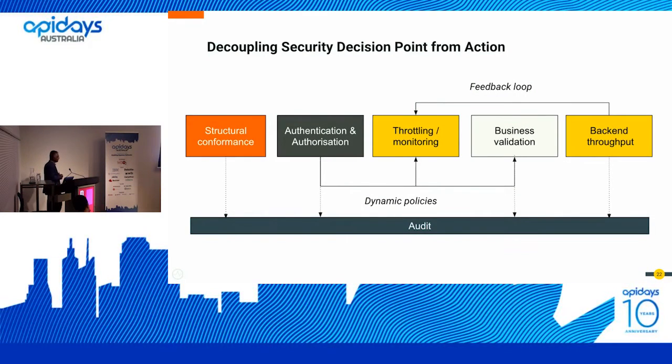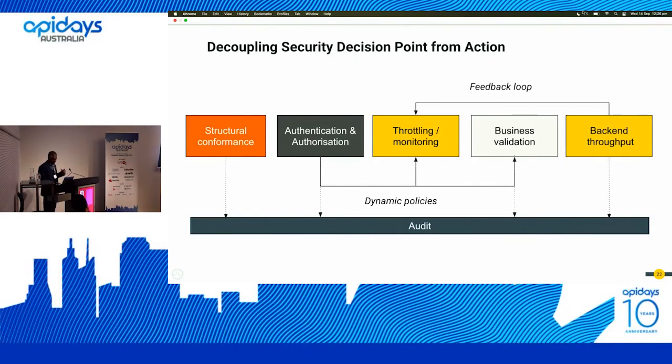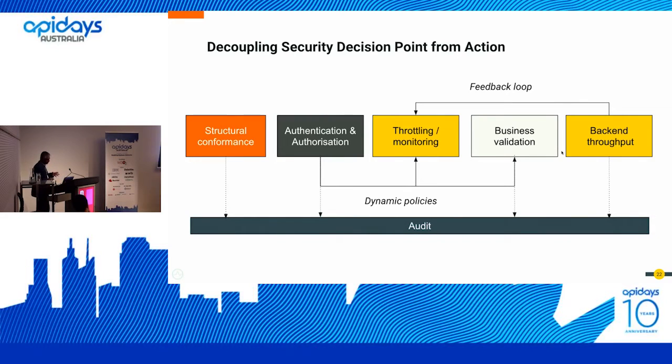So if you bring all of these concepts together, when you're implementing API security, what kind of steps will you take? Usually you first do the structural conformance, then you do the authentication and authorization, where you establish the identity and role, and then you do the business validation.